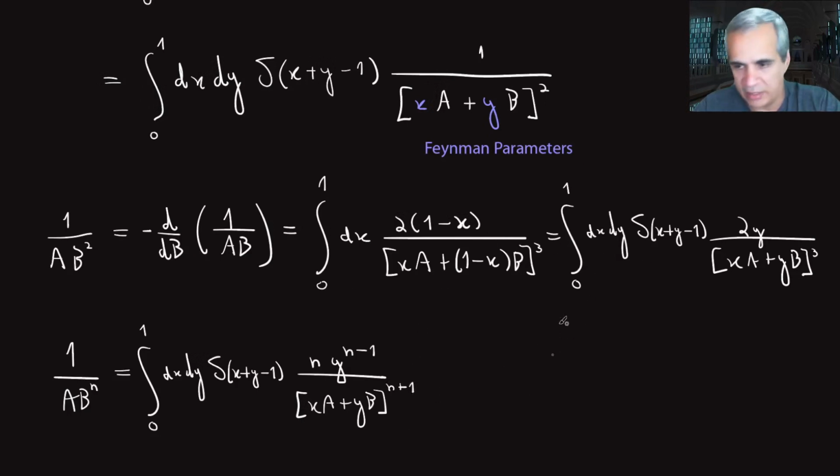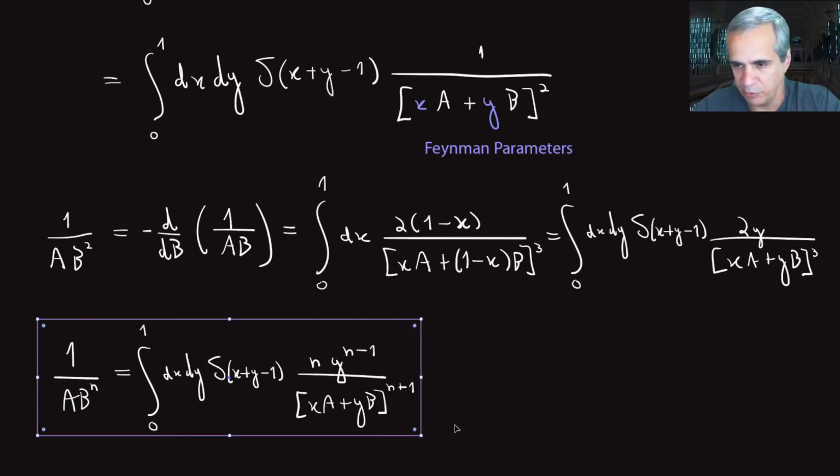So it's easy to get this one just by doing the derivatives, and that's an important one that we will use a lot, so I'll put a box around it.